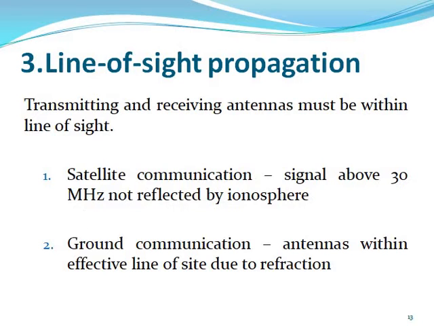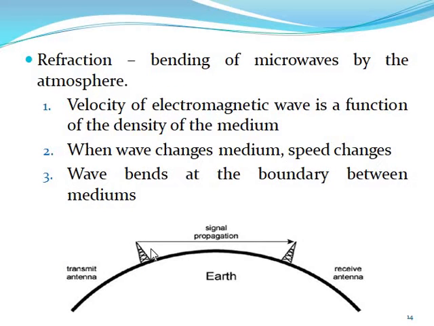So we can show that this is the line of sight. The signal travels directly from one antenna to another antenna. The signal does not travel through the ionosphere, as it does in the ground wave. So this is the earth's surface, and the signal travels from one antenna to another, from transmitter to receiver, in the line of sight.